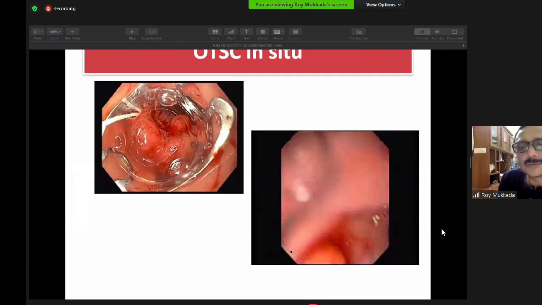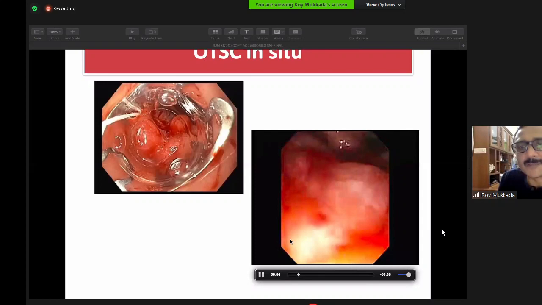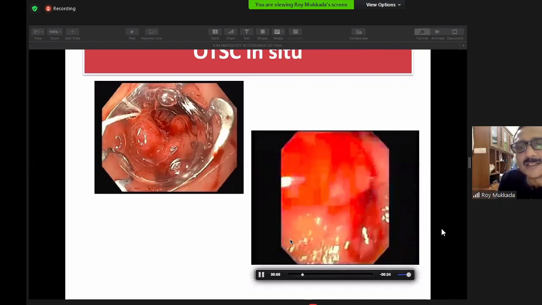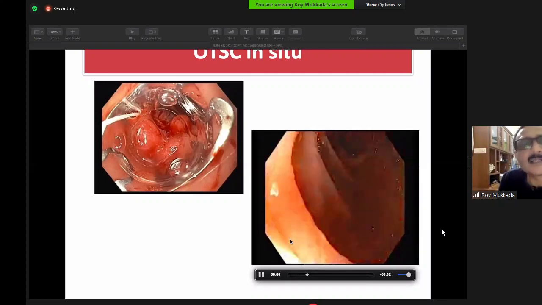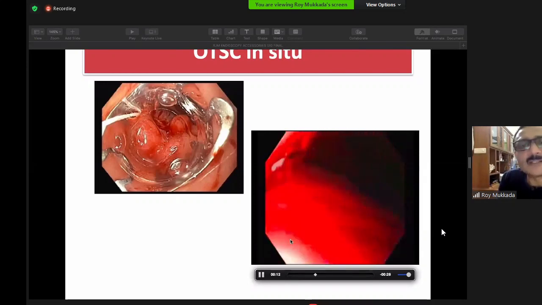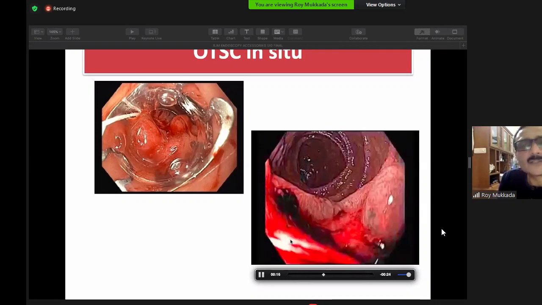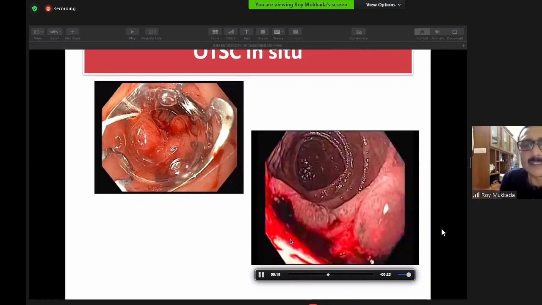This is one of our patients who had a bleeding from the second part of duodenum, very close to the ampulla. He had a Dieulafoy lesion there, and all the other clips failed, but with OTSC it completely stopped.